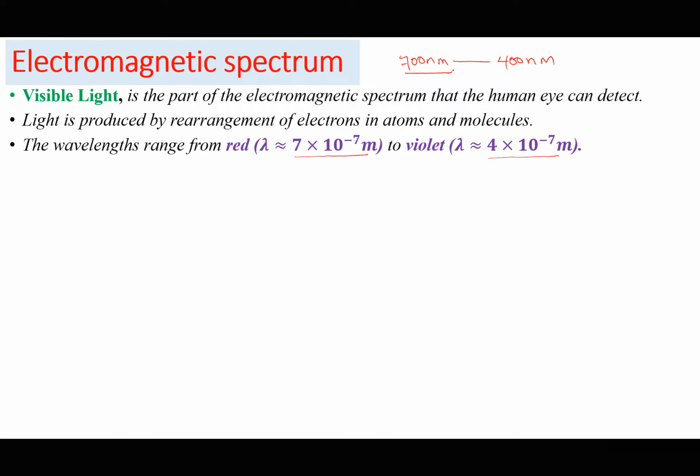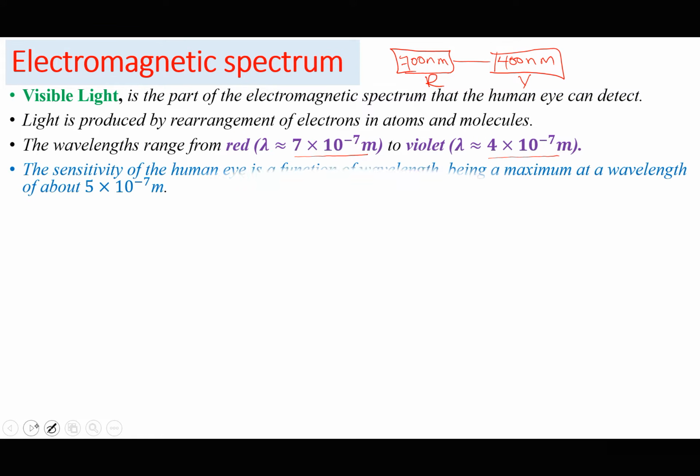So many times you will see the wavelength quoted as 700 nanometers up to 400 nanometers, with 700 being red and 400 being violet. So visible light has that range as its wavelengths.